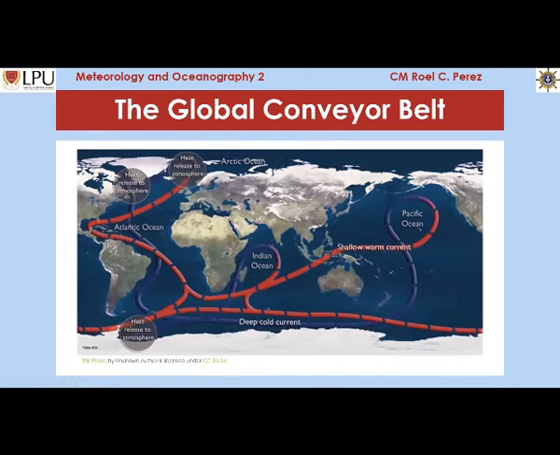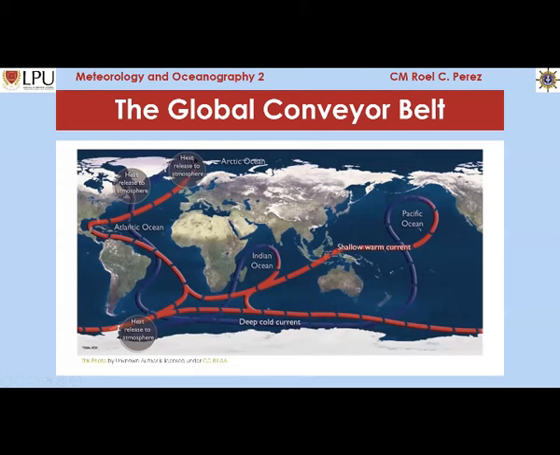Okay, so this is another map of the thermohaline circulation, or this is called the global conveyor belt. So here heat is released to the atmosphere because of the cooling of the warm waters here in the Labrador Sea and in Greenland.